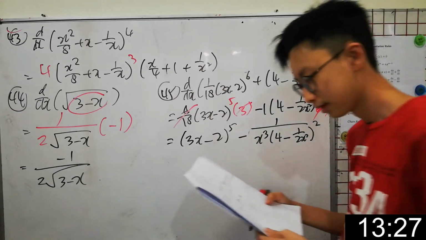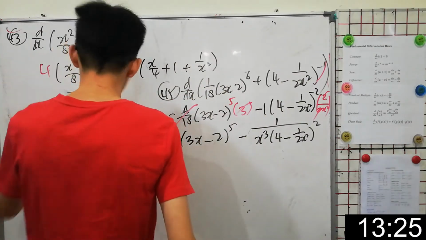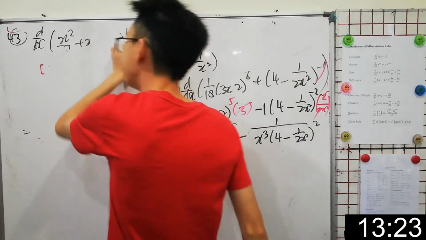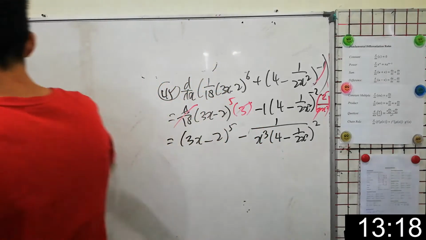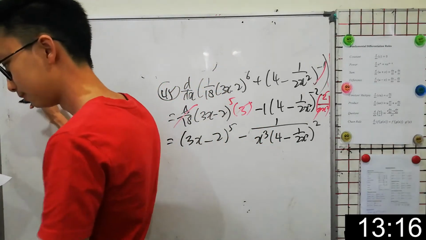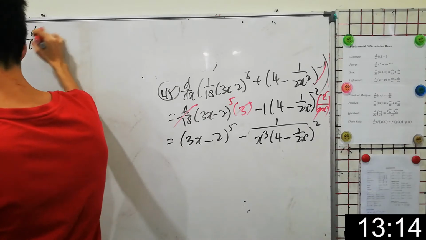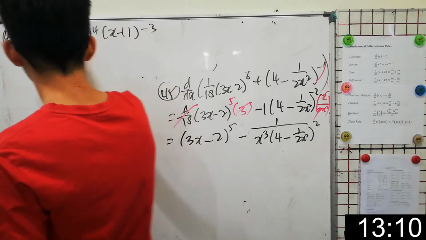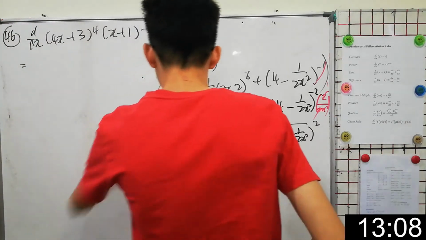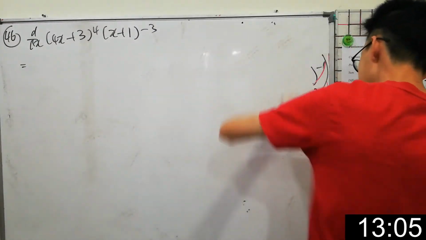Number 46. I just target 50 questions, just 50 should be nice. 46. d/dx of 4x plus 3 to the 4th times x plus 1 to the negative 3. Oh my god, this is a product rule plus chain rule.